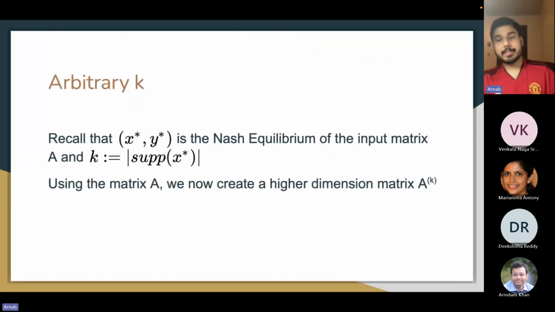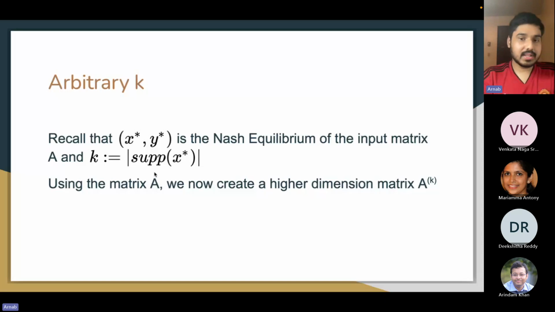Okay, so if that's clear, then I'll now go to the case of arbitrary k. Some people might ask, what was the need for k is equal to 1? We could have directly dealt with k. Surprisingly, we show that you can take this arbitrary k case and reduce it to the case where k is equal to 1.